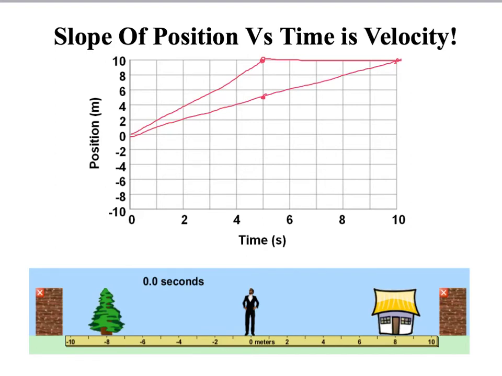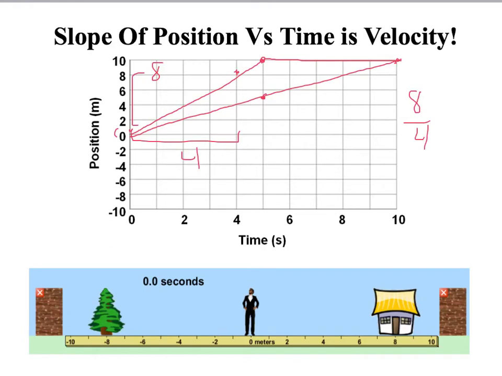Now what you can do with a position versus time graph is to figure out its slope. So if you look at this top line, the fast line, we could pick out this point and this point and say that he had a rise, he moved 8 meters, and the run is 4. So to figure out the slope, you take rise over run.